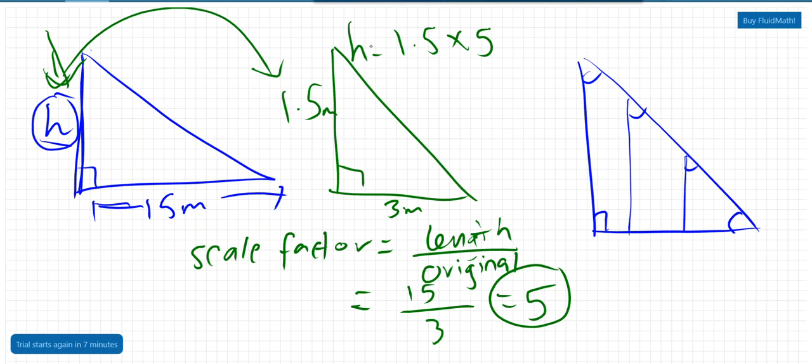So that is what h will equal. So 1.5 times 5 is equal to 7.5 in meters. And we have found the height of our building using similar triangles. So h is equal to 7.5 meters, which is the height of our building.